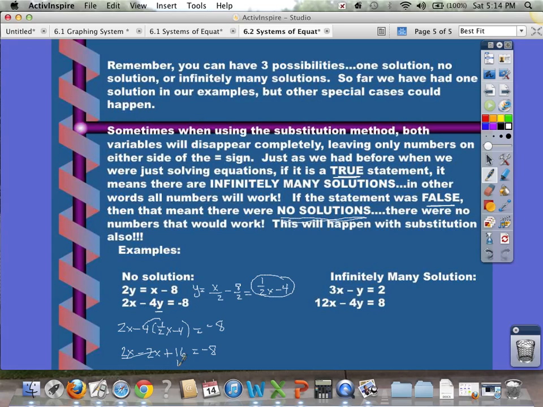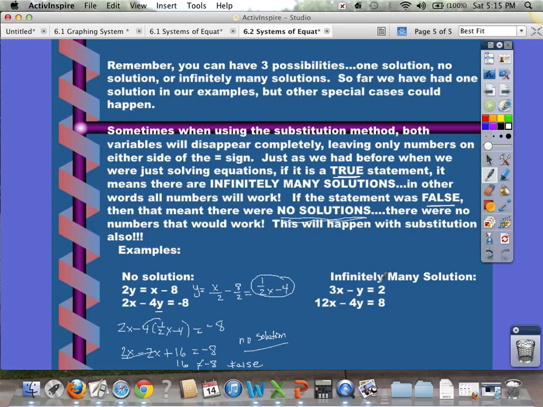So now I have a statement that says 16 equals negative 8. Is that true or false? That's definitely false. So this isn't true, so that means it's no solutions. And remember, when we were graphing, no solutions meant it was parallel. Parallel lines end up having the same slope.